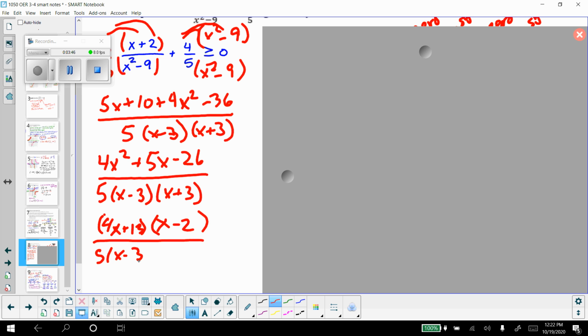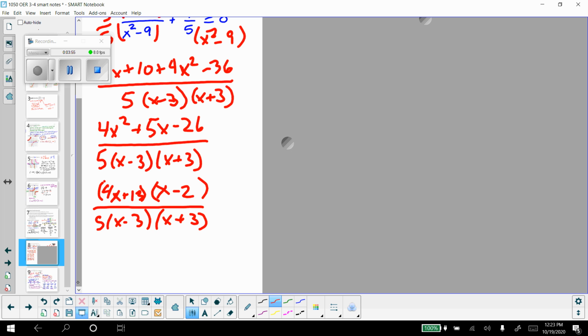Okay, the reason we want this whole thing in factored form is it will help us to find those critical values. The critical values come from the factors of the numerator, which are the x-intercepts, and the factors of the denominator, which are the asymptotes or holes, correct?